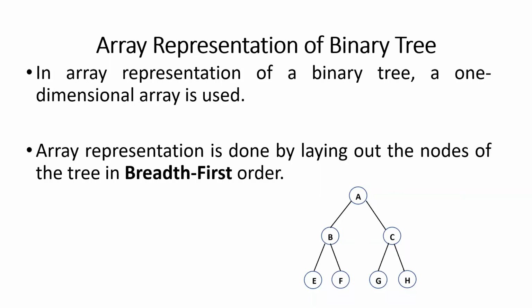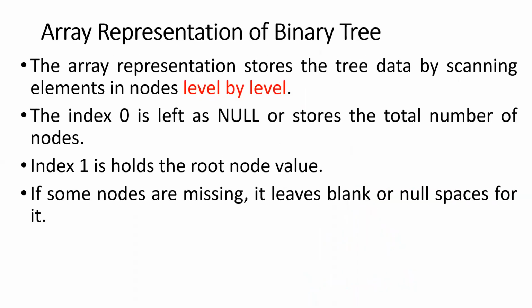So in index 0, either we can store null or we can store the size, the number of nodes present in the binary tree. So index 0 is left out. It is not used for storing the root node.